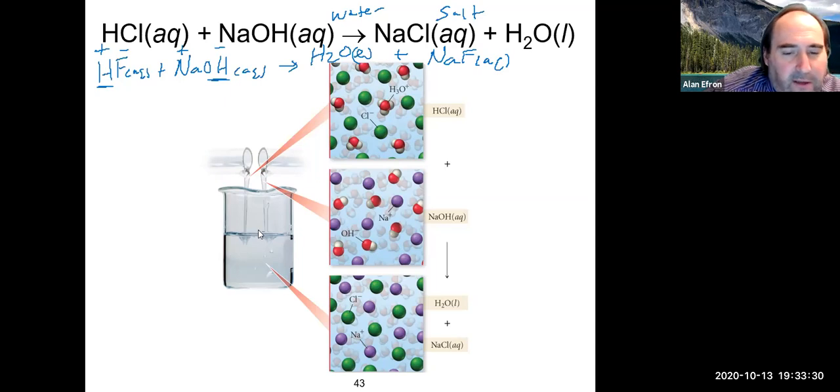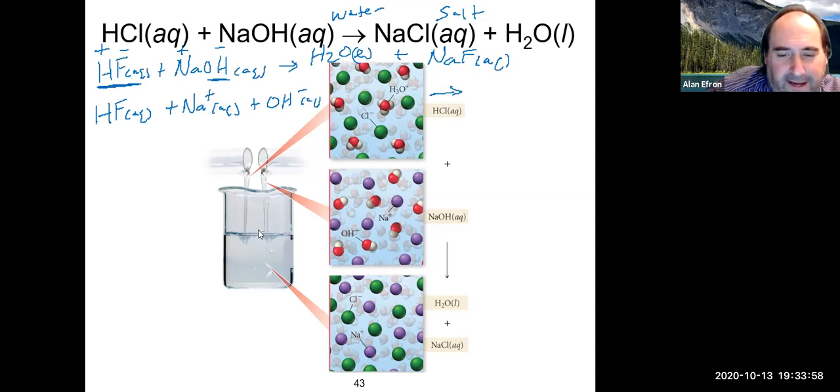Now, when we go to our total ionic equation in this particular case, the HF we would recognize hopefully as a weak acid, which means we would actually keep it together. And our total ionic equation would look something like this. The HF would stay together. The sodium hydroxide would break apart, and go on the other side here of the picture.